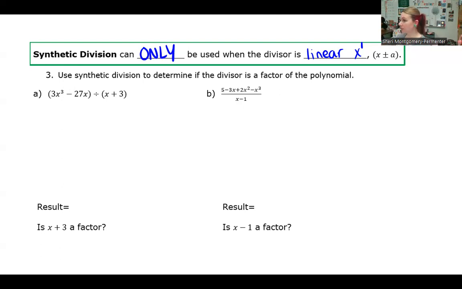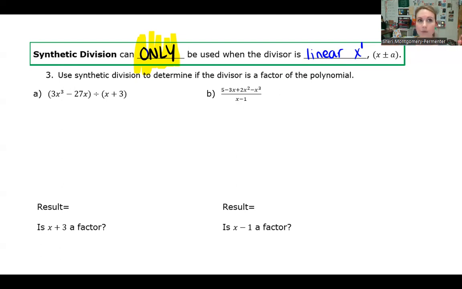Synthetic division is faster. It's easier. I think you're going to like it, but it has to be a linear term. So this is very important. It can only be used if it's linear. But when it is linear, I assume you're going to use synthetic division because it's a little easier.